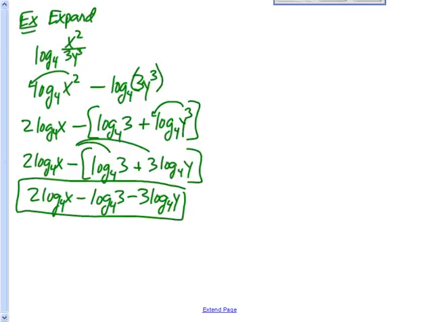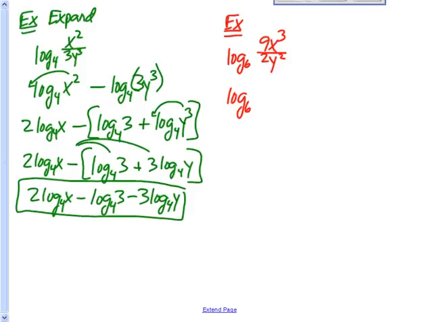Let's do another one. Let's expand log base 6 of 9x cubed over 2y squared. That's a good one. We're going to run that quotient property initially because we have a quotient here.